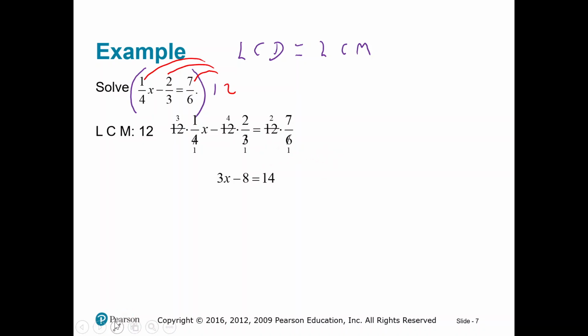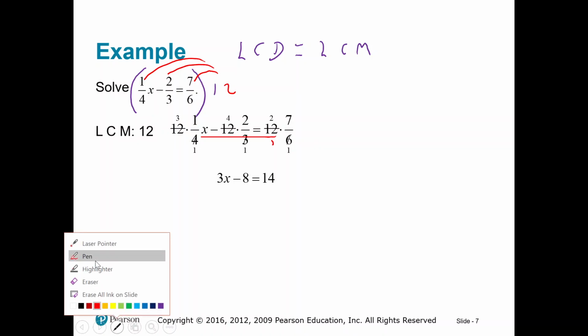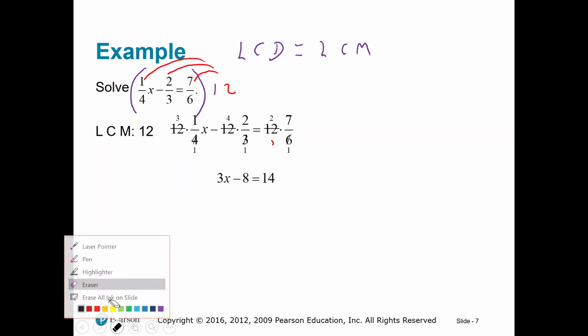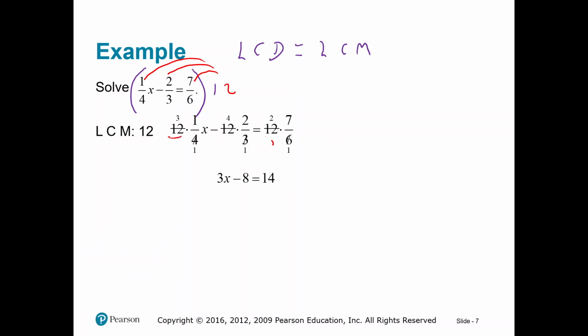Now, if you want, you can put over 1, over 1, over 1, like that.